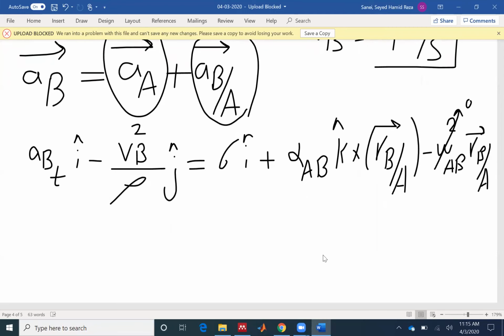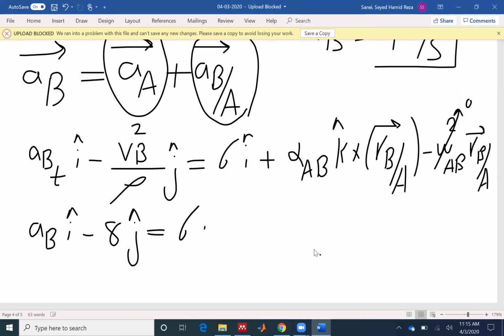So if I just write this equation, AB tangential I don't have. The velocity at B I found is 4, so 4 squared is 16, divided by 2 is 8, negative 8j, equals 6i plus RB with respect to A, which I found up there. So the cross product would be negative 3 alpha j plus alpha i, where alpha is alpha AB.